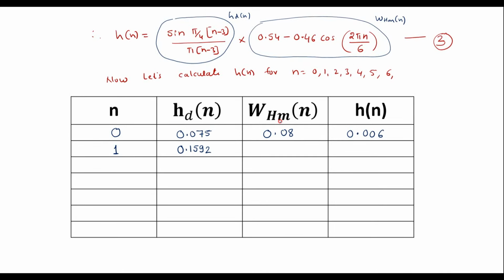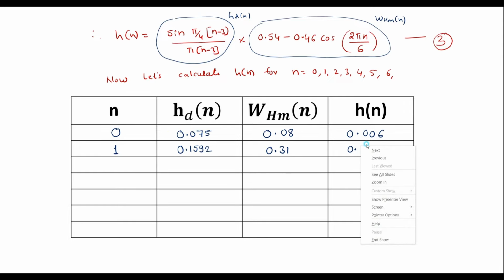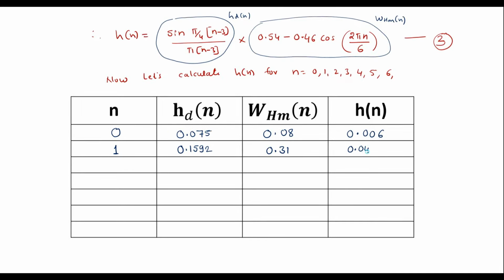0.1592. So substituting n equal to 1 in this equation, whm of n gives 0.31. Multiplying these two we will get 0.04929.